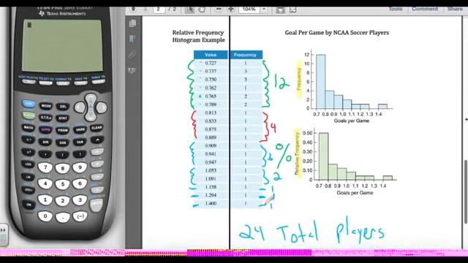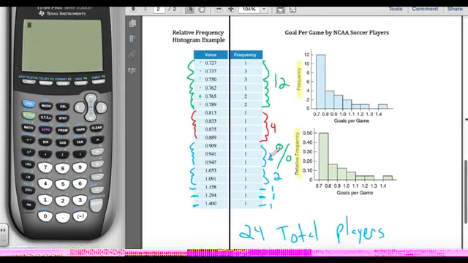And if you take 12 out of 24, well, that's 50% of your players. So this first bin went up to 0.50. If you take 4 and divide it by 24 to get that percentage, that decimal is 0.1667, about 16 or 17%, and that's about what this bar, this bin, goes to.